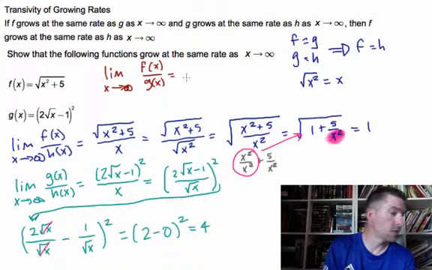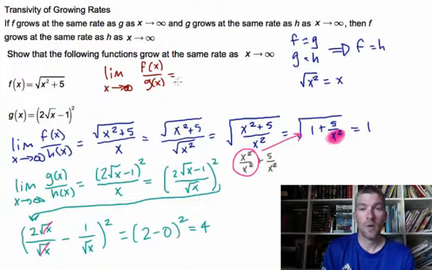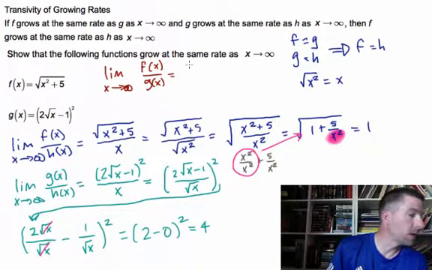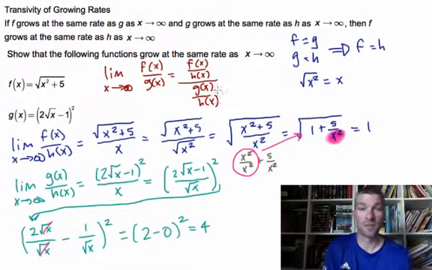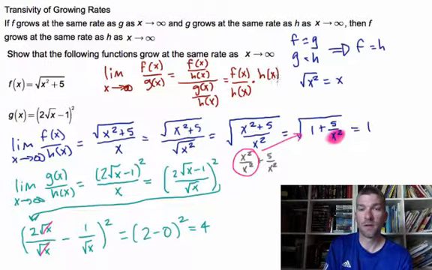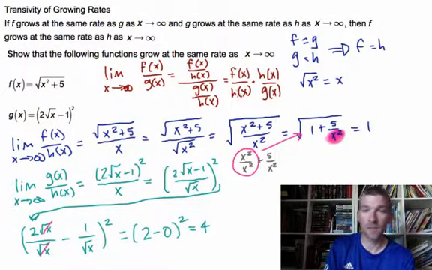Using our transitive property, we can say this is the same thing as f of x over h of x divided by g of x over h of x, because those are the things that we compared. When you multiply by the reciprocal, you get f of x over h of x times h of x over g of x, and those h's cancel out.